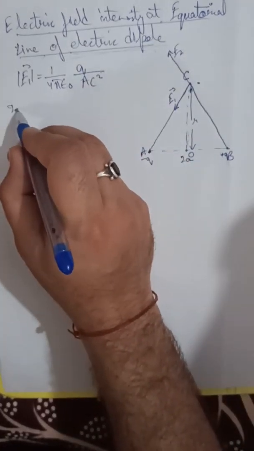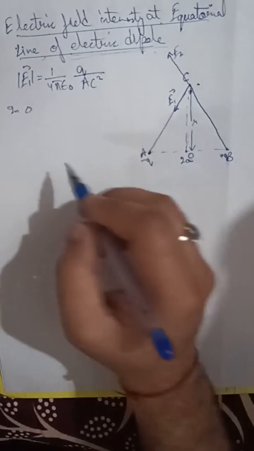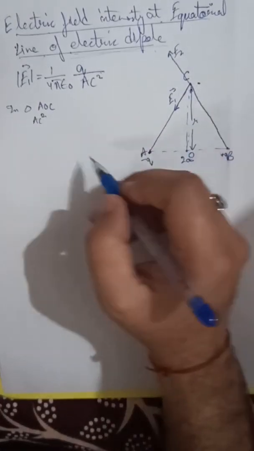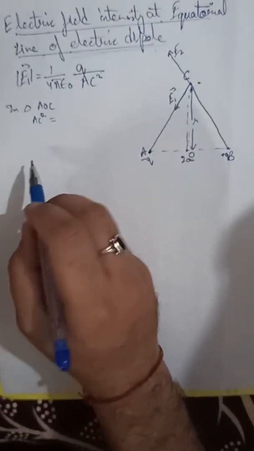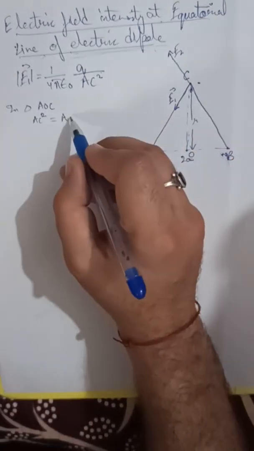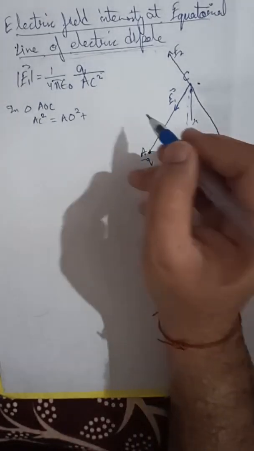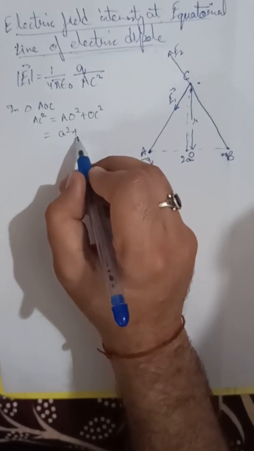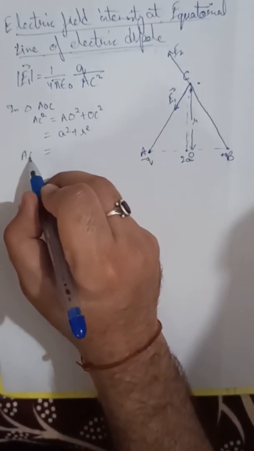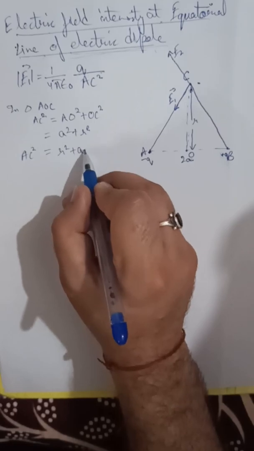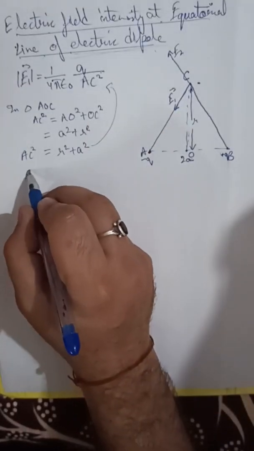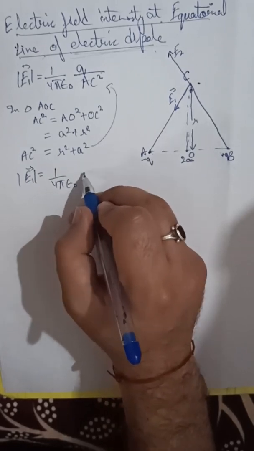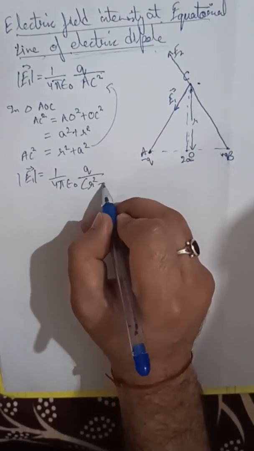We will take triangle AOC. AC square, it is the hypotenuse, we will apply Pythagoras theorem, is equal to base AO square plus perpendicular OC square. We will get A square plus R square, or we can write AC square is equal to R square plus A square. Putting in this, we get E1 is equal to 1 by 4 pi epsilon naught Q upon R square plus A square.